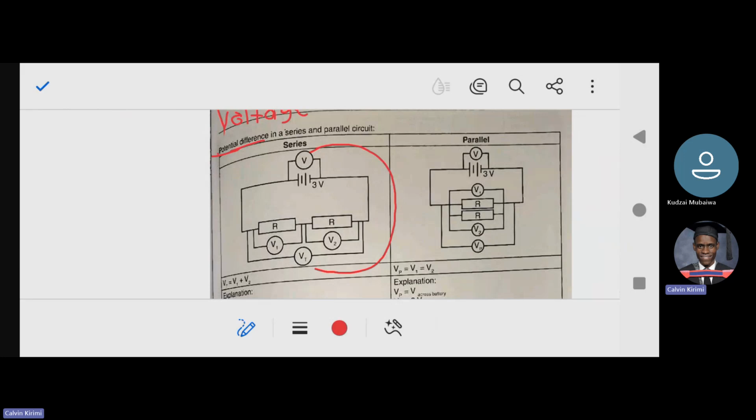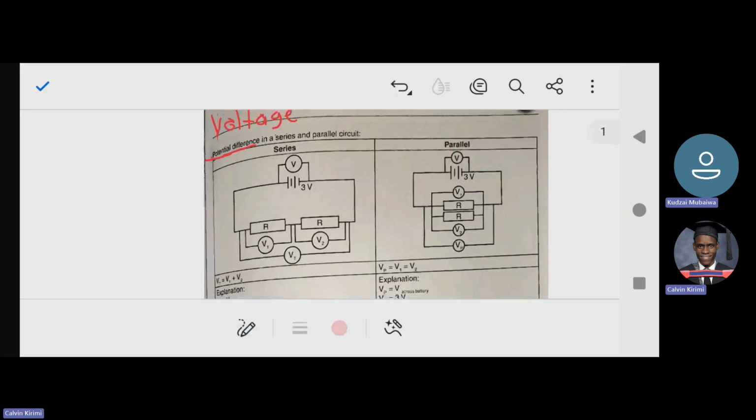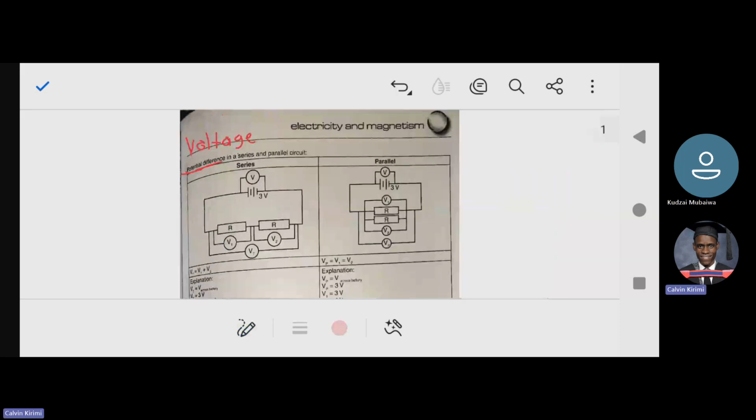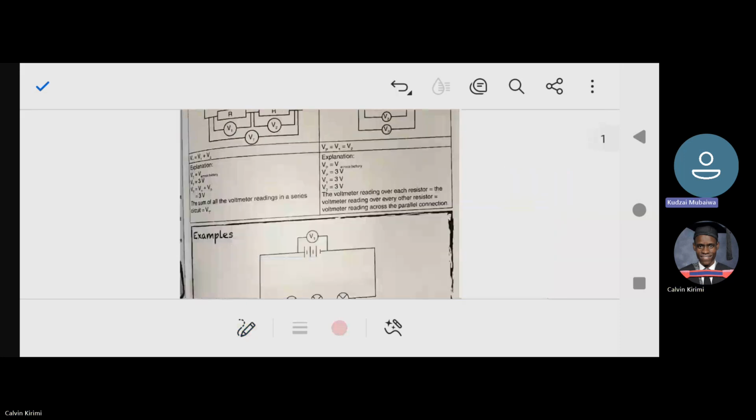And also the reading at this voltmeter is the same as the reading at this voltmeter, and is the same as that, because they are in parallel. Are we together? Yes. So take note of that, to master this when you are doing problems that involve calculations.